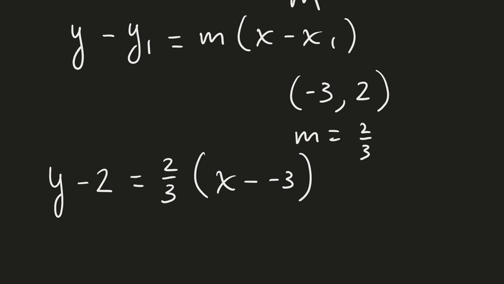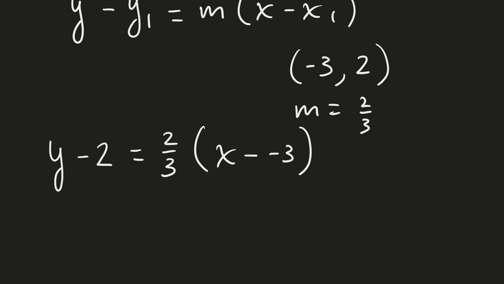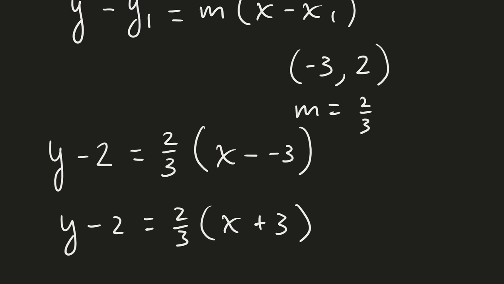And yeah, I did write the two negatives there. Don't leave those for your final answer. Go ahead and fix that. So if you see that you're subtracting a negative, we're adding the opposite there. So I would finish this and just write y minus 2 equals 2/3 times x plus 3. And this is the equation of the line in point slope form.